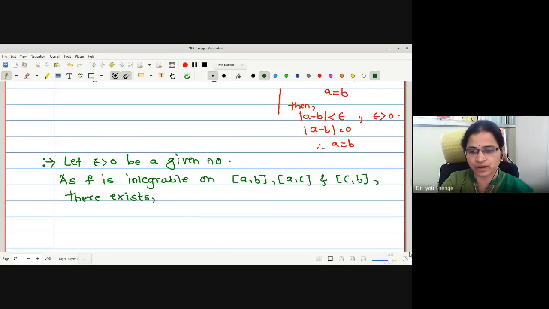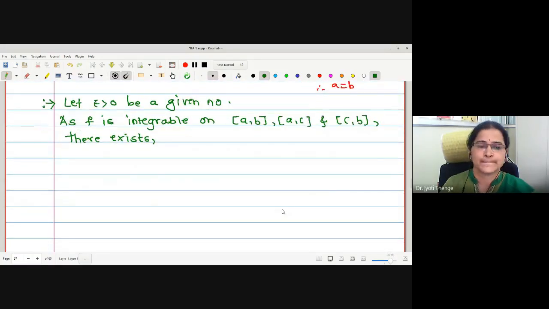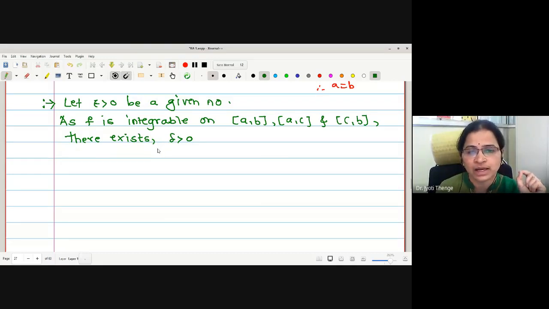Now I want to select a partition. But what is the restriction on that partition? Or is it true for every partition of the given interval? There exists delta greater than 0. Now it is true only for those partitions having norm less than delta, according to the definition.